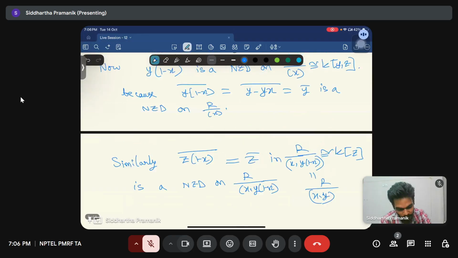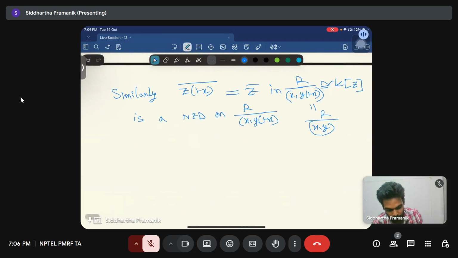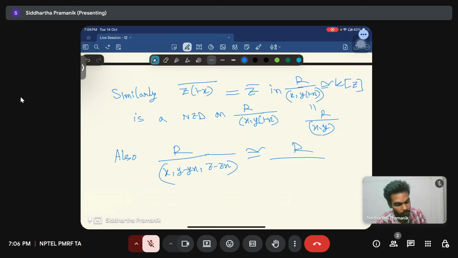So all three elements are non-zero divisors, and also, if we go modulo by these three elements, x, y minus yx, z minus zx, this is R modulo x, y, z, and this is k, which is non-zero.